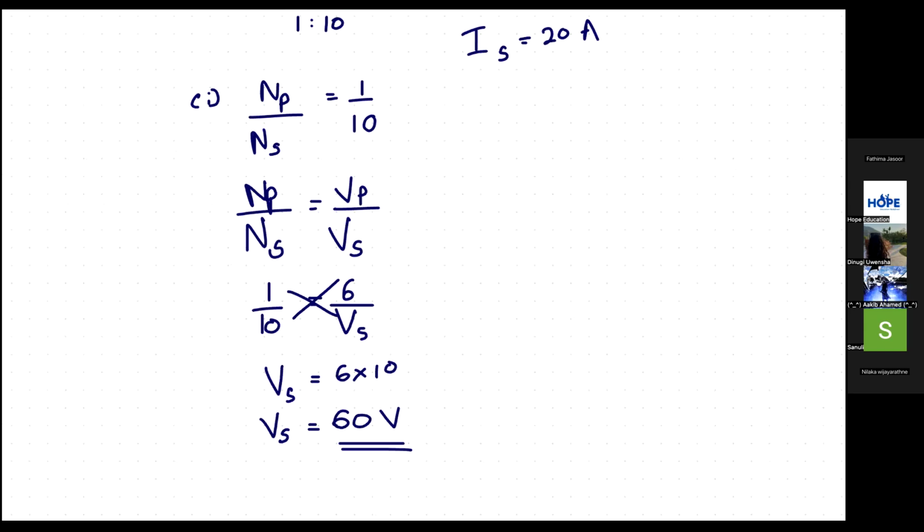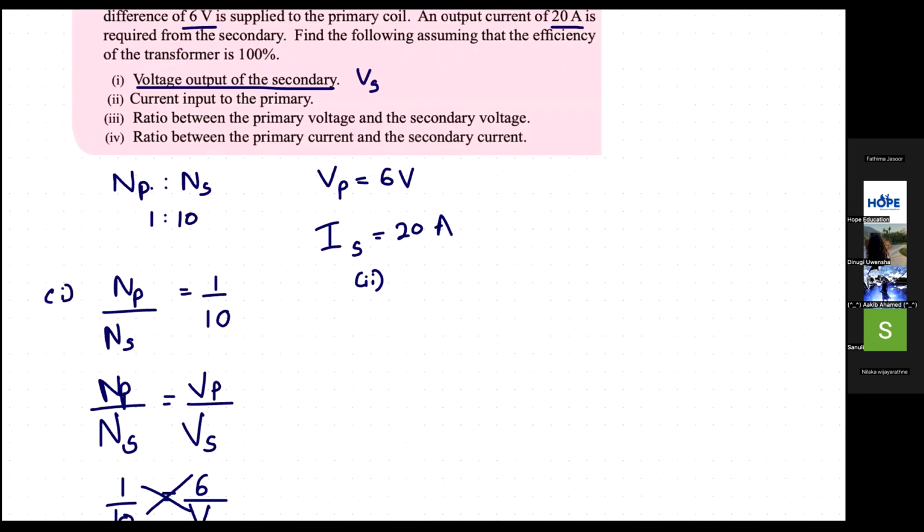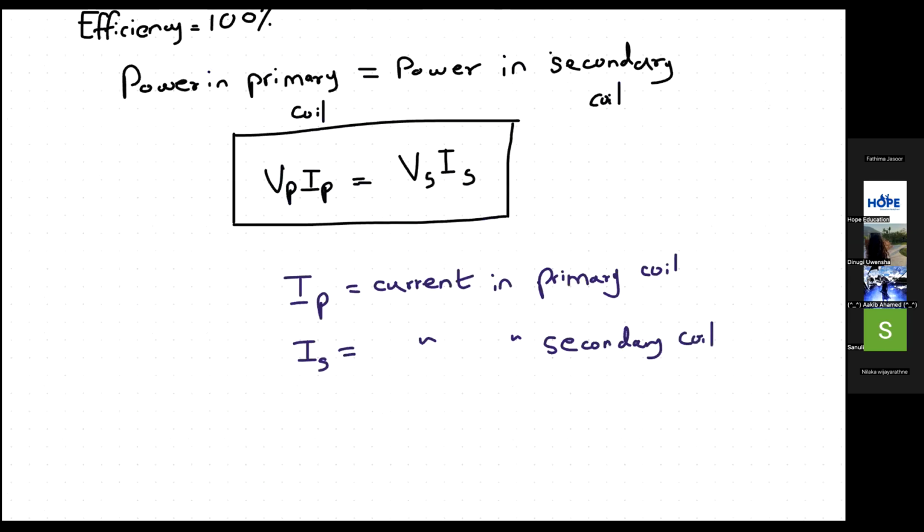Okay. Roman number 2. Current input to the primary. That means they are asking for IP. So we need to use this: VP IP equals VS IS.